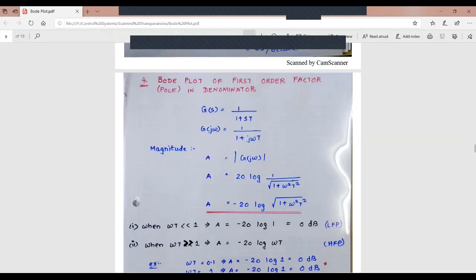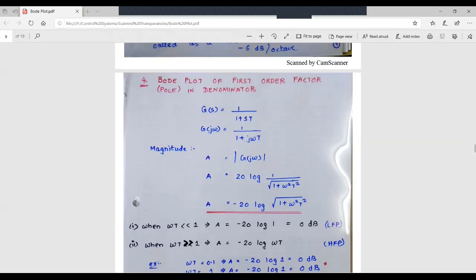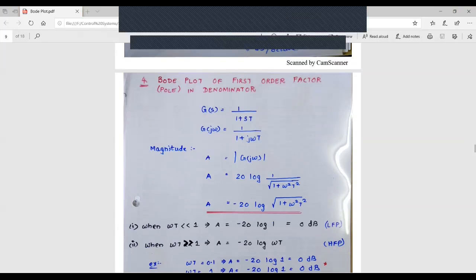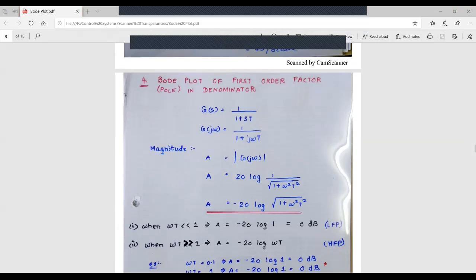Now, if you have g of s is equal to 1 upon 1 plus sT, s will be replaced by j omega, so 1 upon 1 plus j omega T. Now to calculate magnitude of this g of j omega, obviously this is going to be in the denominator. So 20 log is common for the magnitude calculations. 20 log of magnitude of g of j omega.